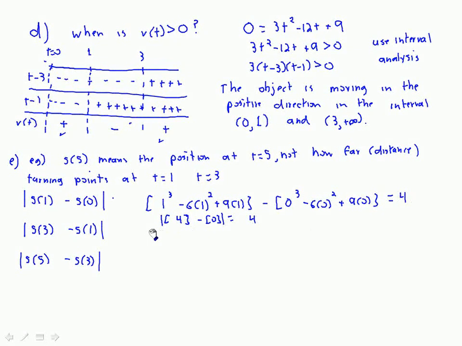And then do the same thing for s at 3. So this would be 3 cubed minus 6 times 3 squared plus 9 times 3. Now, you want to be aware that from 3 to 1, you're going in the negative direction. We've already established that. And then s at 1, we already know to be 4, because we worked it out before. And then take the absolute value.